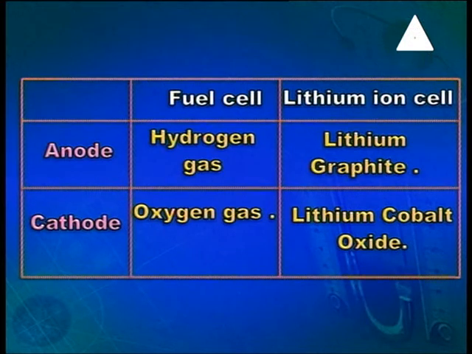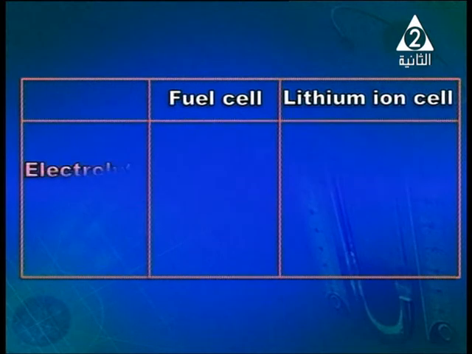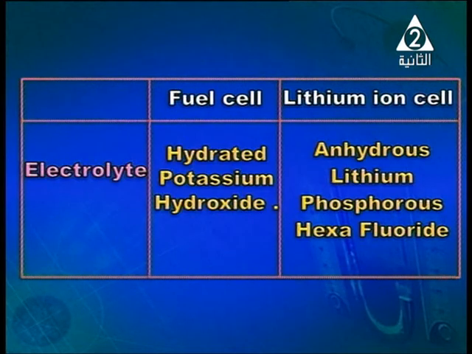In the fuel cell, the cathode is oxygen gas, while in the lithium ion cell, it is lithium cobalt oxide. Also, the kind of electrolyte. In the fuel cell, the electrolyte is hydrated potassium hydroxide, while in the lithium ion cell, the electrolyte is anhydrous lithium phosphorus hexafluoride.